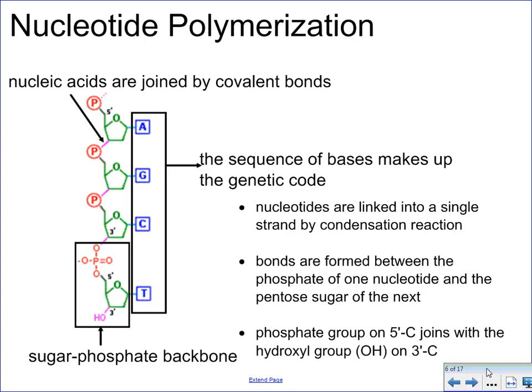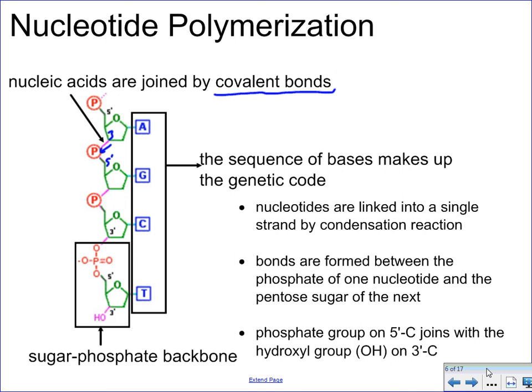Those nucleotides join together through a process of polymerization. When they join together to become polymers, they are joined by covalent bonds. Those covalent bonds occur between carbon 3 on one pentose sugar and the phosphate group attached to carbon number 5 on the adjacent ribose sugar.